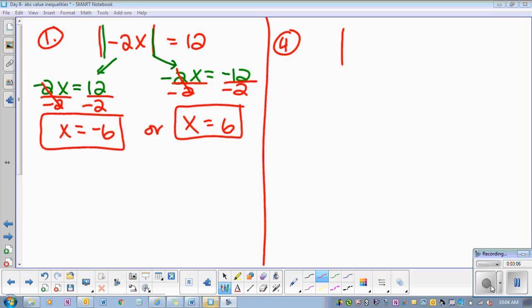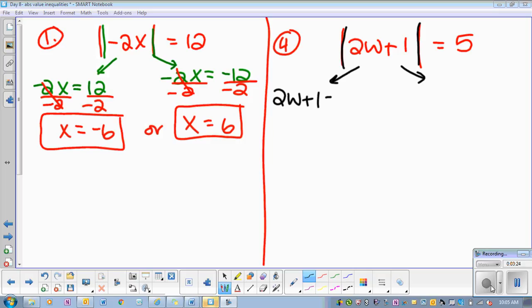As long as you know what you did now, right? Number 4, we have the absolute value of 2w plus 1 equals 5. Okay. So I want to get the absolute value bars all by itself. This one is, right? So I'm going to drop the bars and write it twice. The first one is 2w plus 1 equals 5. The second one is 2w plus 1 equals negative 5. Good.